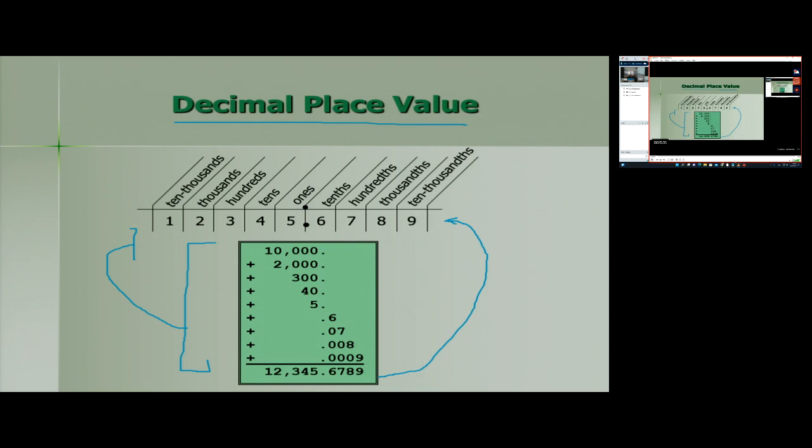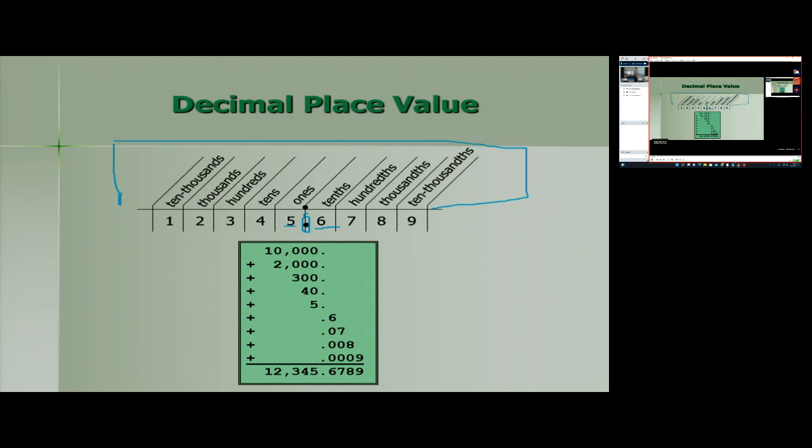So you must remember, on the right side of the decimal point it starts with tenths, and on the left side it starts with ones. I just want you to remember this decimal place value.